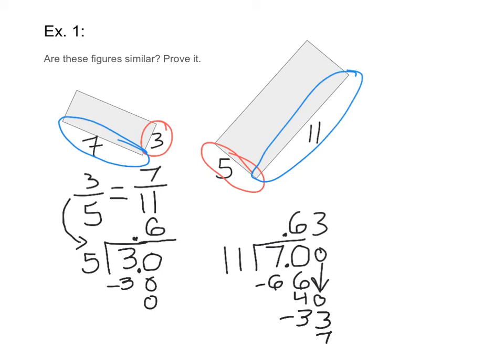I subtract, I get a 7. Looks like it's going to repeat now. That'll give me another 6. So the ratios are very similar, but they are not the same. 0.6 is not close enough to 0.63. So no, these are not similar.